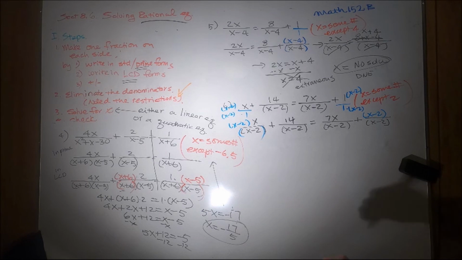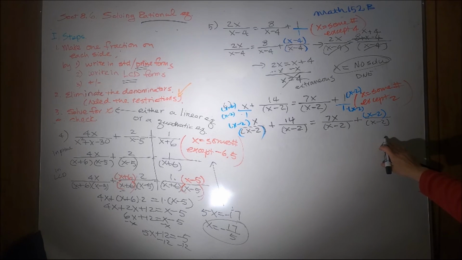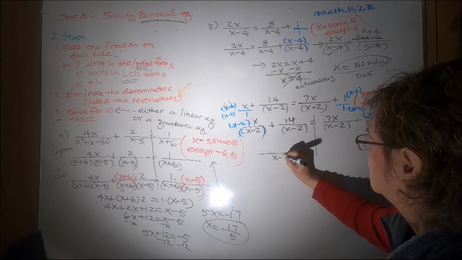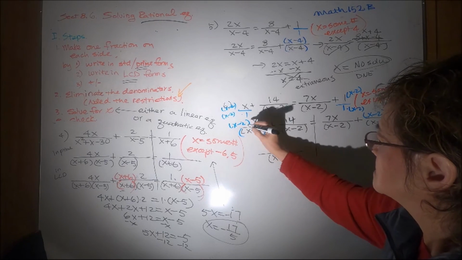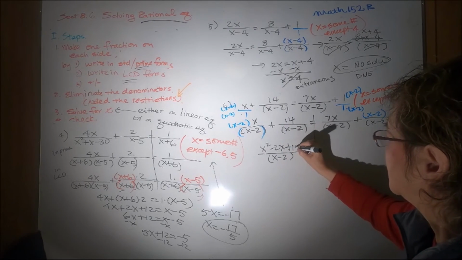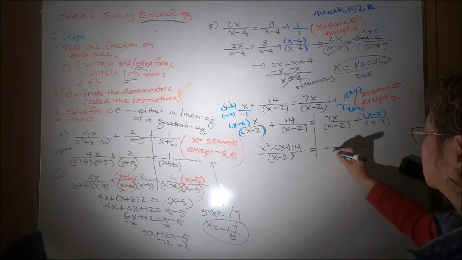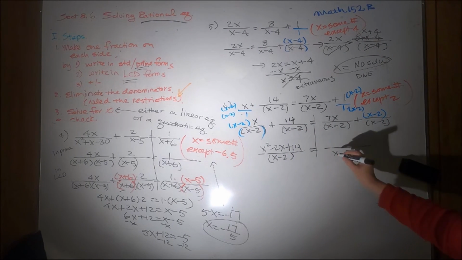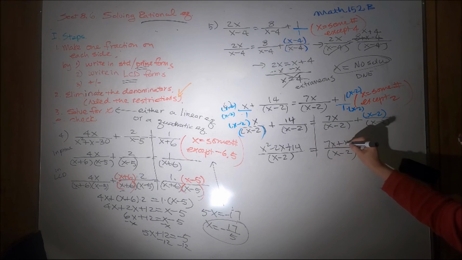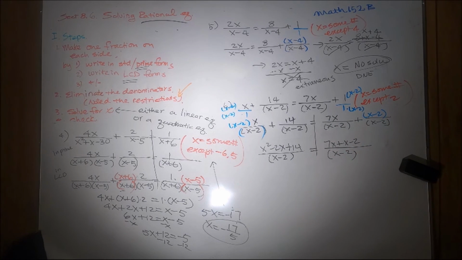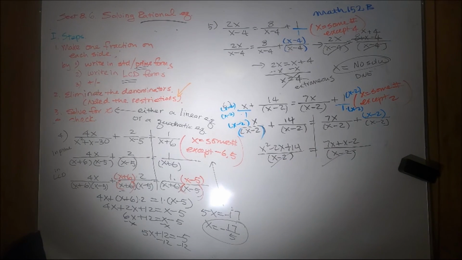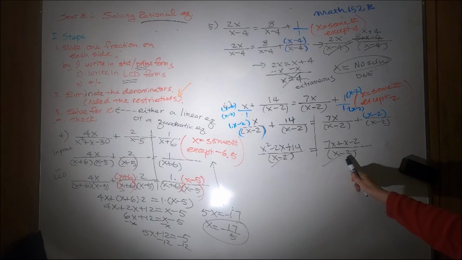Then we write it in LCD forms as well. Then we make a single fraction on both sides. So that will be x squared minus 2x, right? Combine the numerators, right? So that will be 7x plus x minus 2, right? Then they have same denominators, and you can eliminate it.